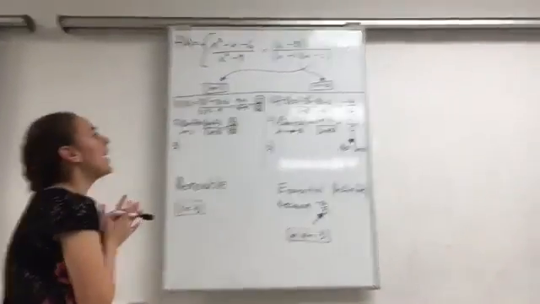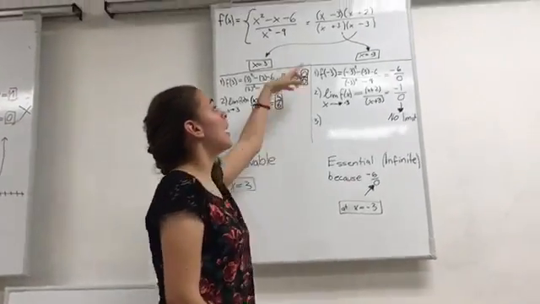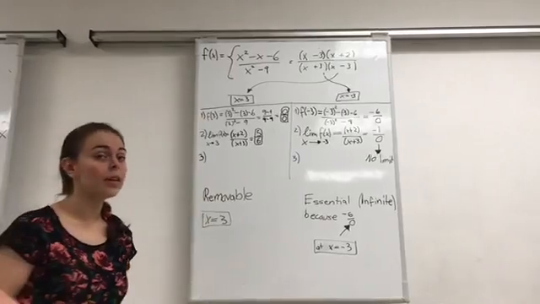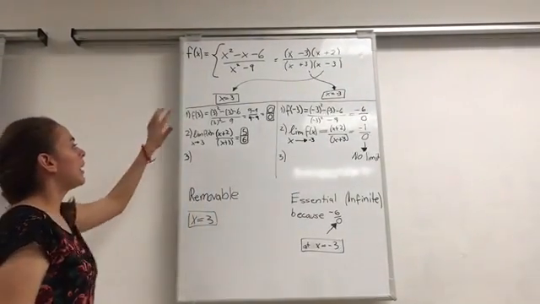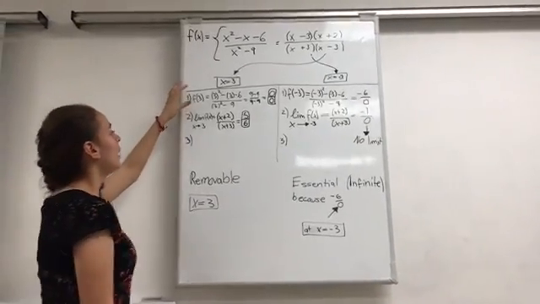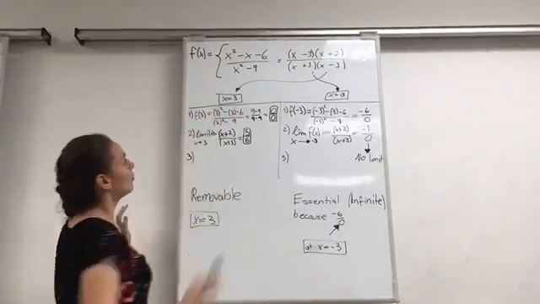Okay. Here we have another example. In this case, we have two numbers in the domain, so we have to set the denominator equal to 0 to get the x value. Here, when we have the x value, we have to replace it in the original function.